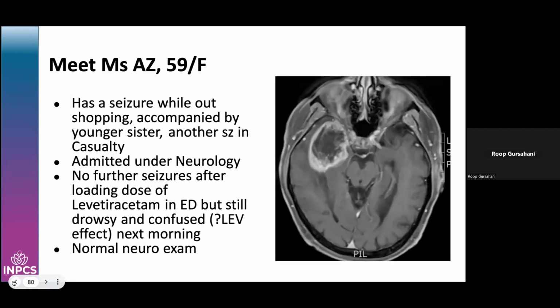She had a CT scan immediately in the casualty, and this MRI scan was done a little later. But I'm sure it doesn't take any neurological skills to see that there is something extremely sinister here in the right temporal lobe.